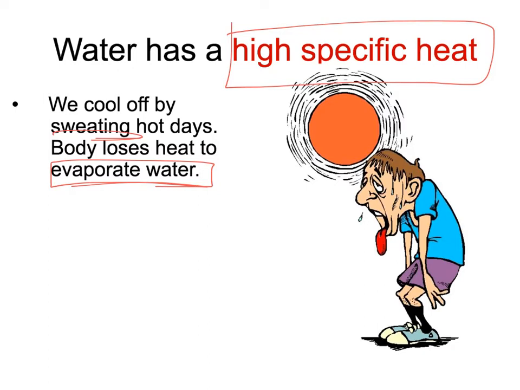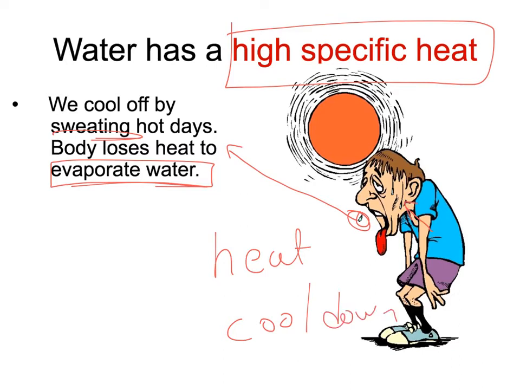When you evaporate water during sweating, you have to give some heat from your body to the water molecules for evaporation. So you lose heat and you cool off. You cool down.